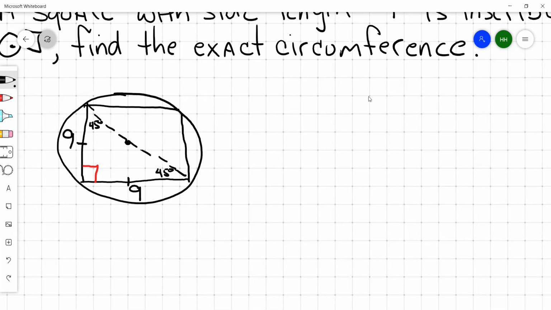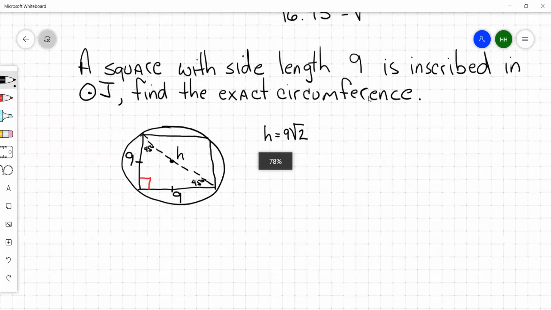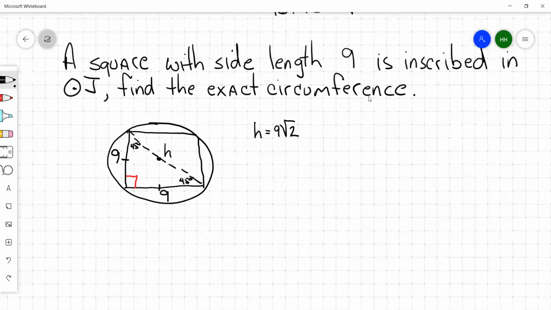This hypotenuse that we need is also the diameter. In a 45, 45, 90 right triangle, the hypotenuse, h, is equal to one of the sides times the square root of 2. Special right triangles. We did that a few weeks ago. So your h in this case, or your diameter, is equal to 9 times radical 2.